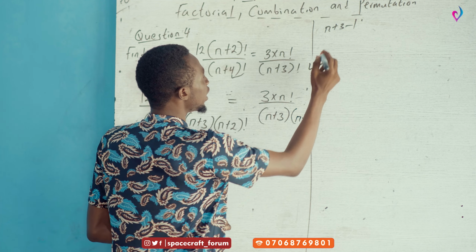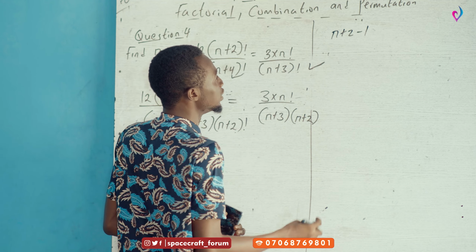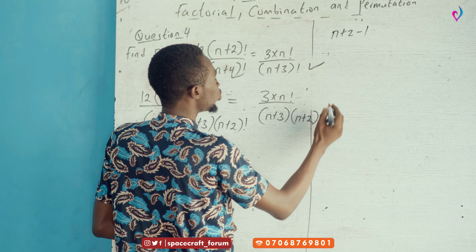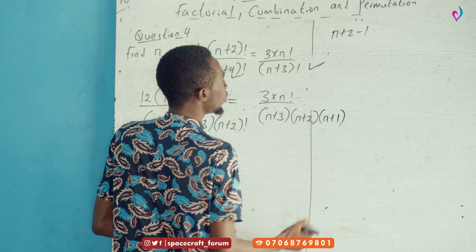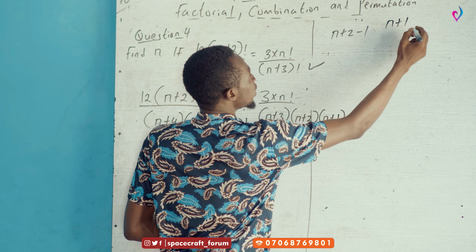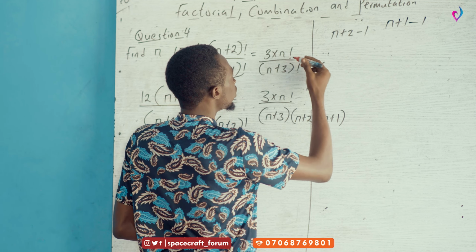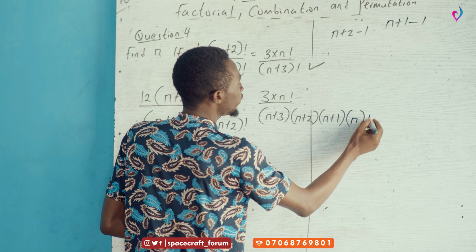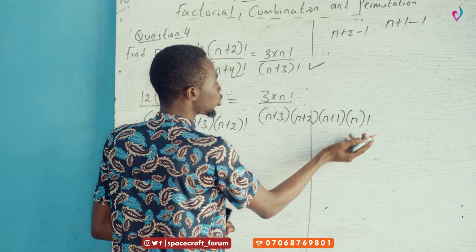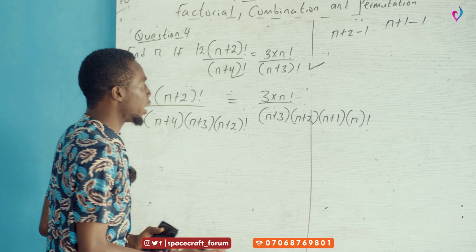Then we continue again, n plus 2 minus 1. 2 minus 1 is 1. So n plus 1, then close bracket. Then we continue again, which is what? n plus 1, then minus 1. 1 minus 1 is 0. n plus 0 is what? Is n. We are going to stop here, n factorial, because we have n factorial at the lower part and also have an n factorial at the upper part.